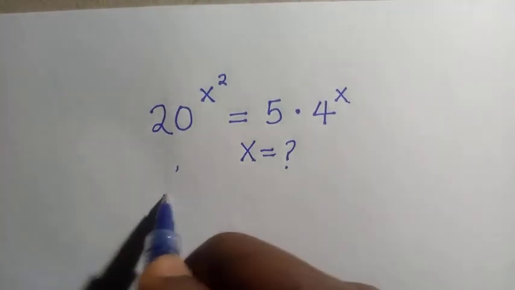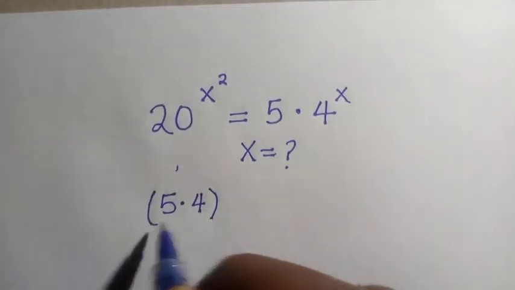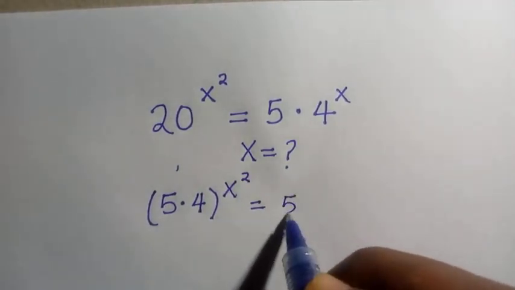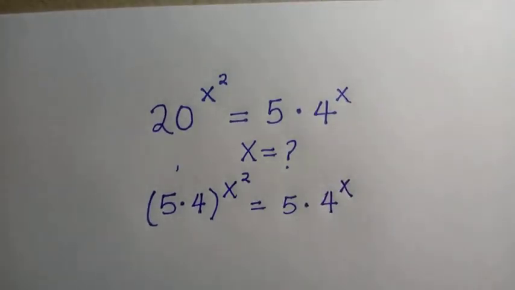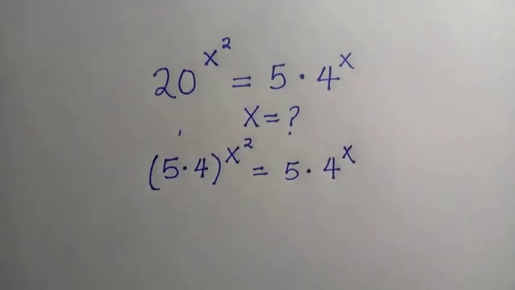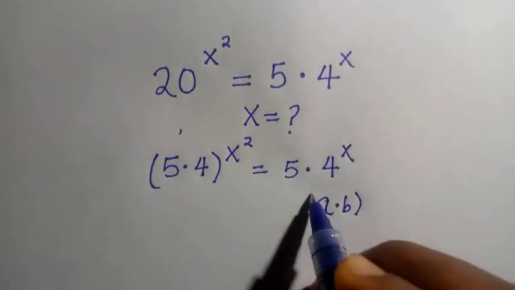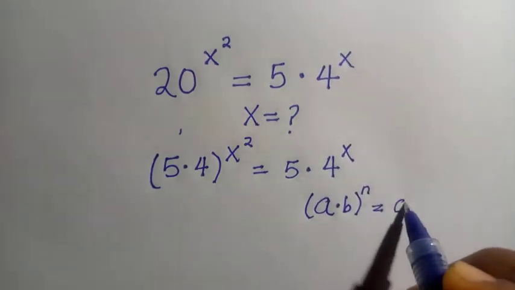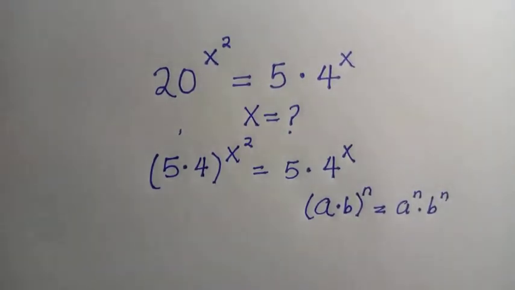When you write this as 5 multiplied by 4, then we raise all this thing by x to the power of 2, equals 5 multiplied by 4 to the power of x. So we consider the rule of indices that says, suppose we have a multiplied by b raised to the power of n, this is the same thing as a to the power of n multiplied by b to the power of n.